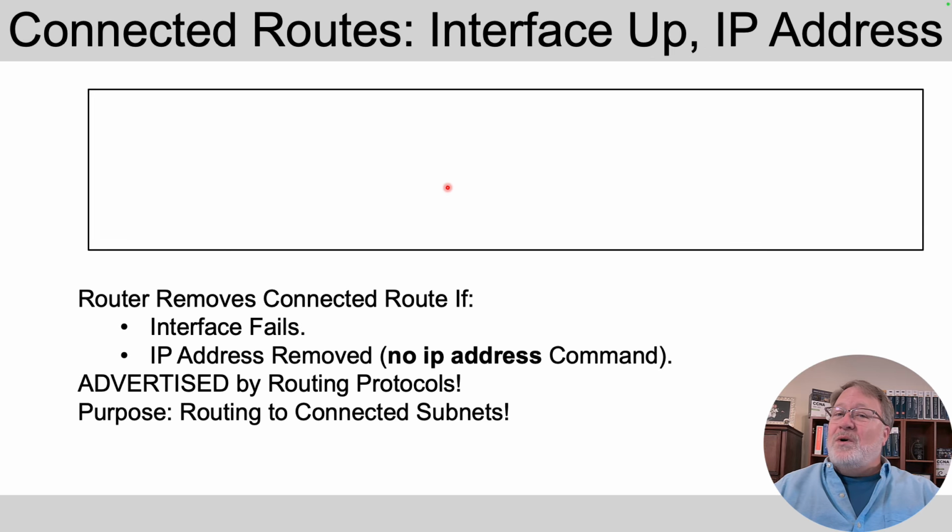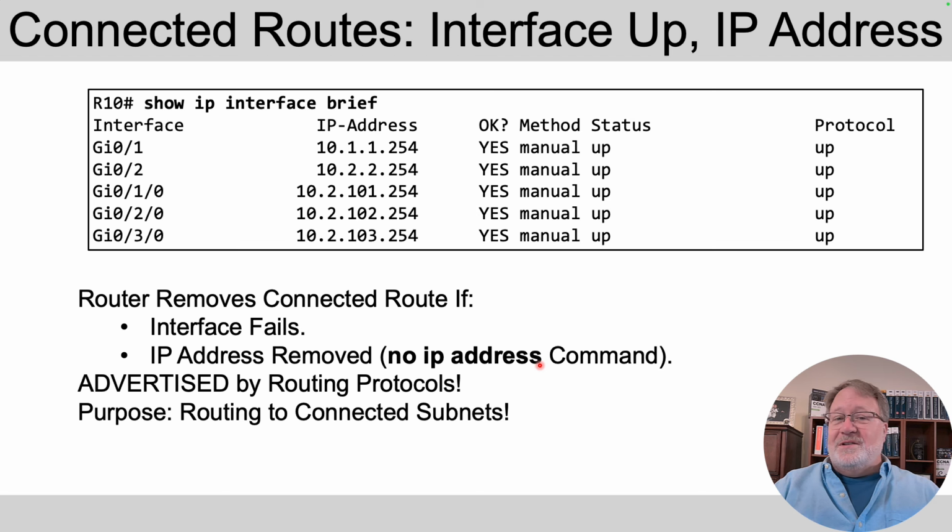Additionally, let's think about what's happening with this dynamic process to add connected routes. Routers will also remove them. The router removes connected routes if an interface fails or if you unconfigure an IP address, like with the no ip address interface subcommand. For instance, if you do a show ip interface brief command, you'll see the line status and protocol status of each interface.